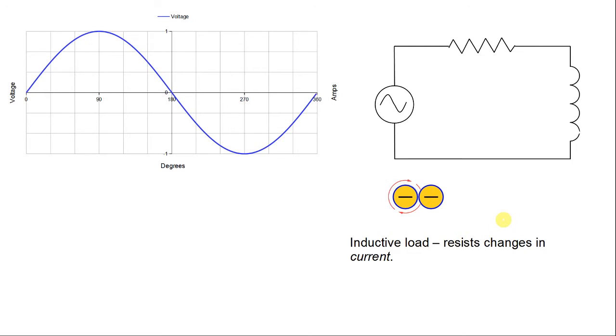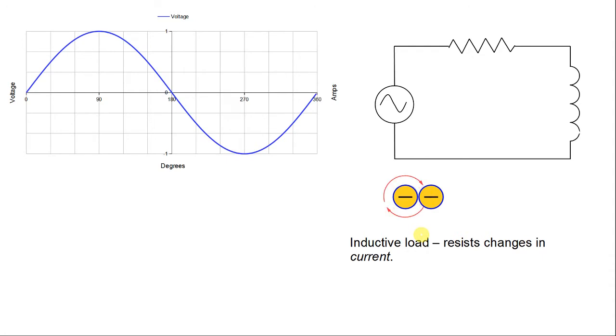And why is that? Let's look at this little animation that I've created. If I have a wire, this is just a cutaway of a wire, and I'm showing a minus sign there, so that means that my current is going into the screen. Now, if you recall from our lesson on magnetism, we can use the right-hand grip rule, and you point your thumb in the direction of conventional current flow, so that would be into the screen, and we're using our right hand.